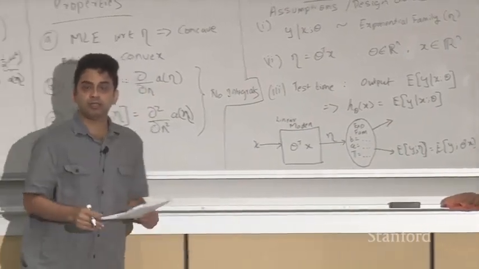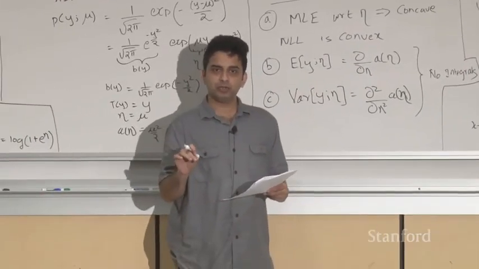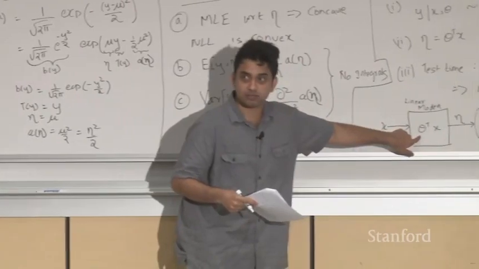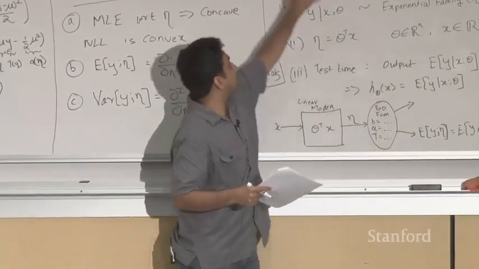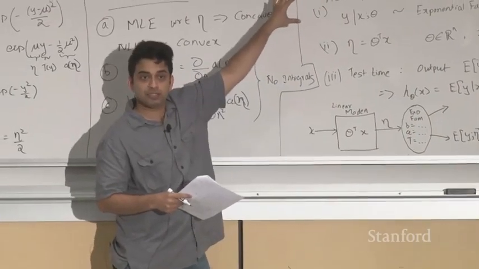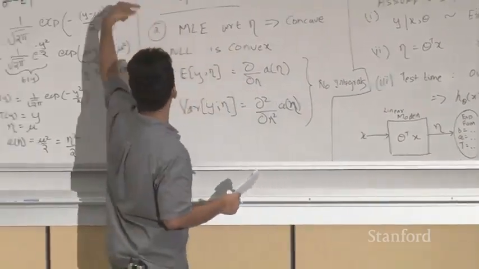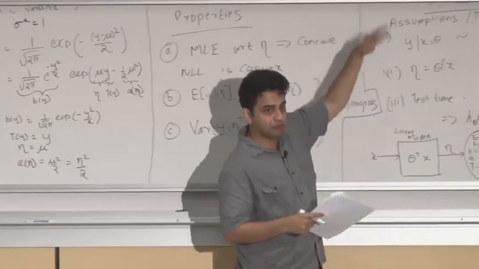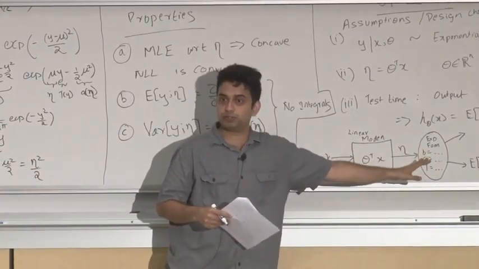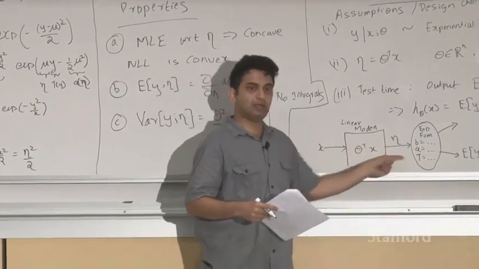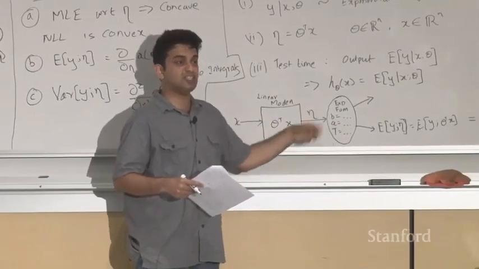In this model, the parameters that we are learning by doing gradient descent are these parameters theta. We're not learning any of the parameters in the exponential family. We're not learning mu or sigma squared or eta. We are learning theta. That's part of the model and not part of the distribution. And the output of this will become the distribution's parameter.